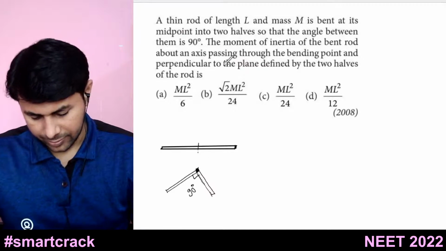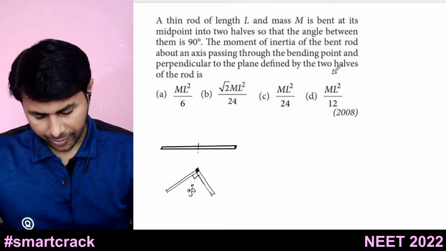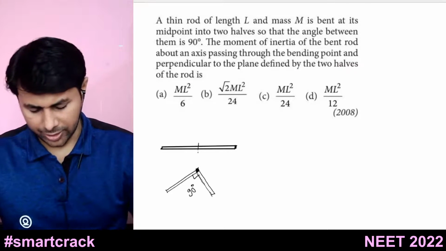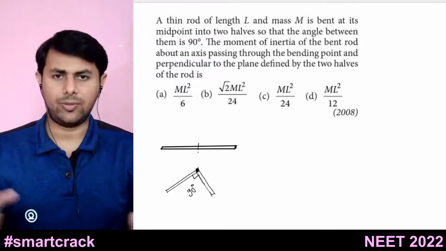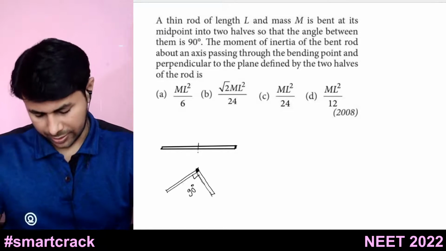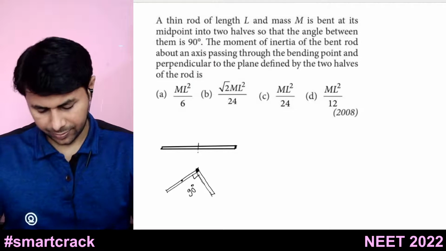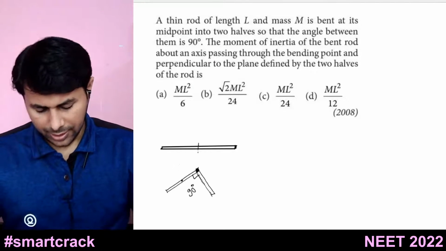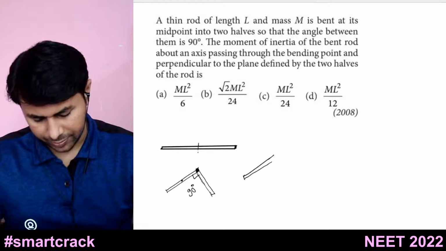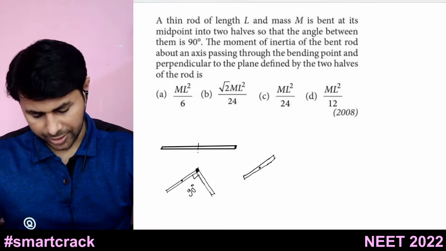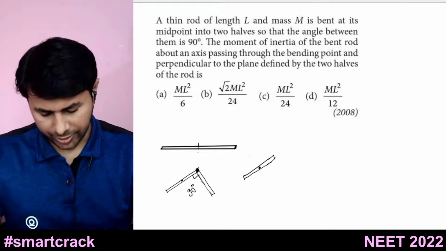It is defined by two halves. Let's think about any one of those rods. So let's think about this one. If we consider this half rod only, its moment of inertia about this point will be what?